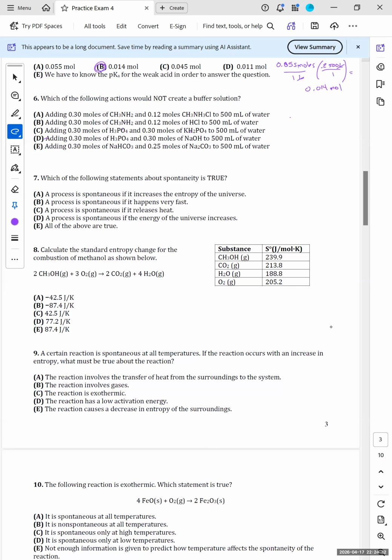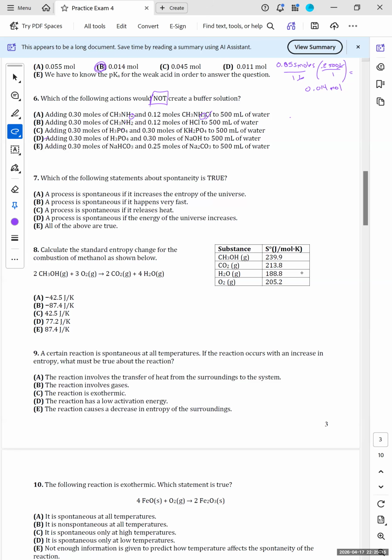All right, so this one's a little tricky because this one is saying not to create a buffer solution, meaning something that isn't a weak acid and its conjugate base or a weak base and its conjugate acid. So just be very careful that you're reading what it's asking, not which ones create a buffer solution, but which ones wouldn't. So I would look through each of these and see, do these pair together as a weak acid and conjugate base pair. So this makes sense because this is just a spectator ion. So this would create a buffer.